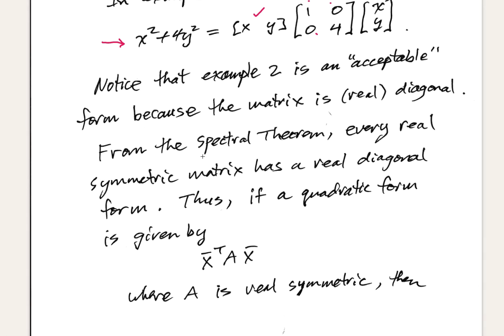Now, you guys remember, we did this last time, from the spectral theorem, every real symmetric matrix has a real diagonal form. And we know how to do that, and we'll do that here in a second with an example.